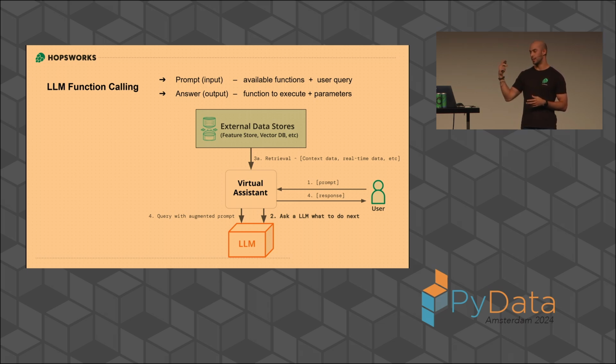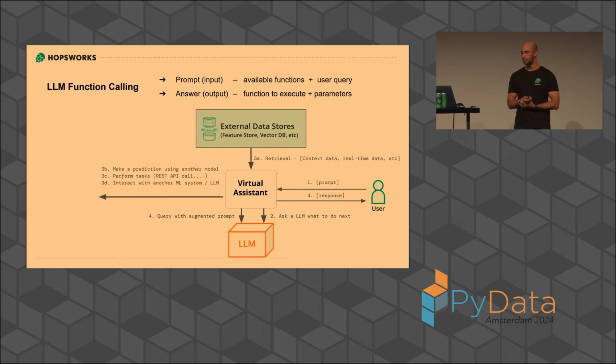For example, I might need to fetch information from Wikipedia, but I only need this year of information or this specific page. Then basically the LLM will answer with a function. The virtual assistant will go and retrieve this external information, put it together with the prompt, and pass it to the LLM.